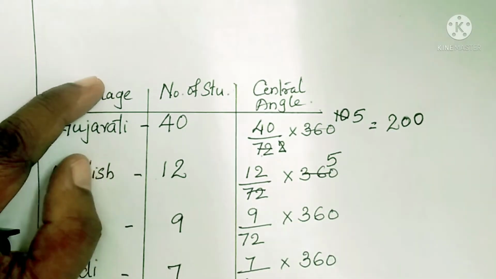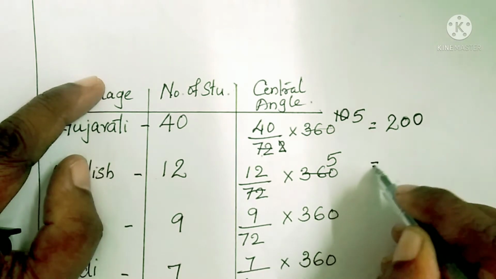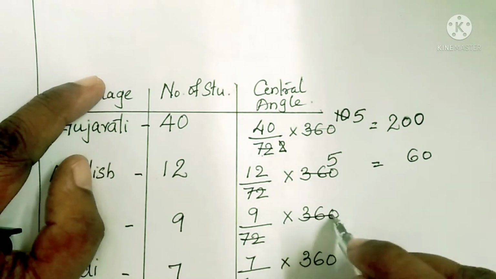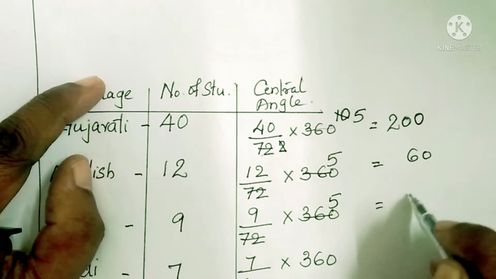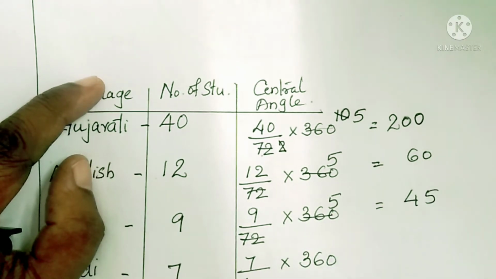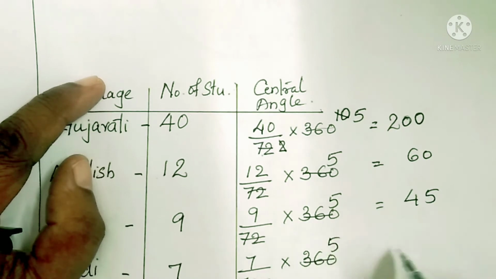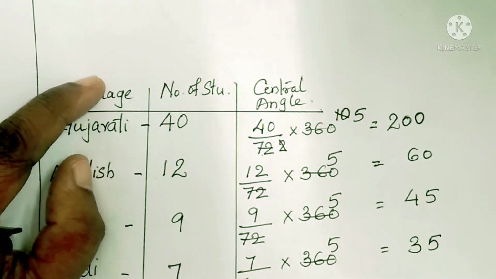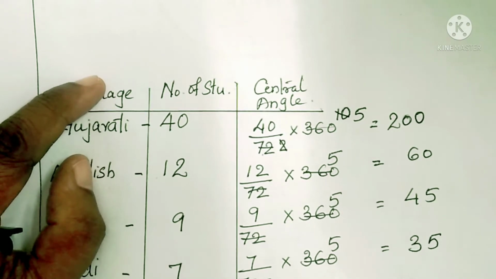Directly it gets cancelled. So 12 5s are 60. Here also 5. So 9 5s are 45. 7 5s are 35 and 4 5s are 20.